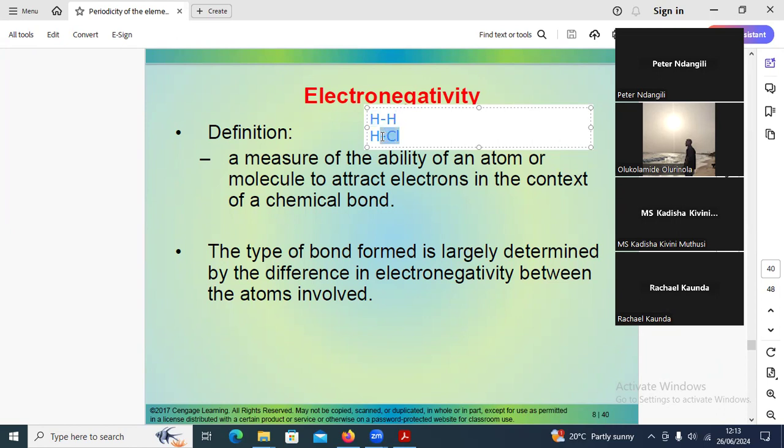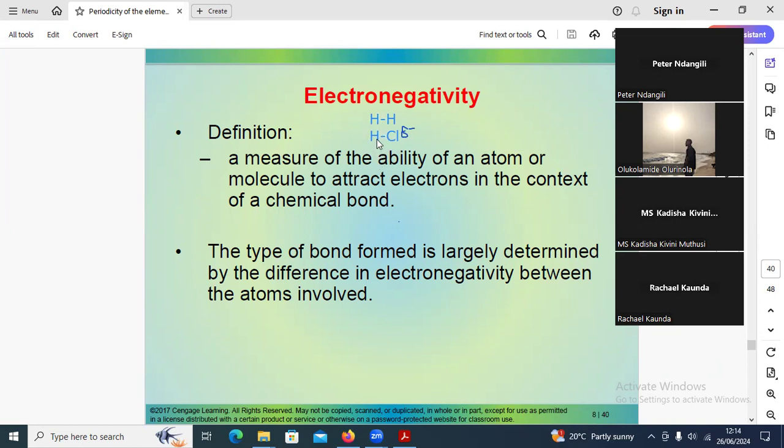However, in hydrogen chloride, the electrons are going to be shared closer to the chlorine, meaning that chlorine is almost gaining an electron, but it has not fully gained. Therefore, it becomes partially negative. We say that it is partially negative because it is almost acquiring the electron in the bond.